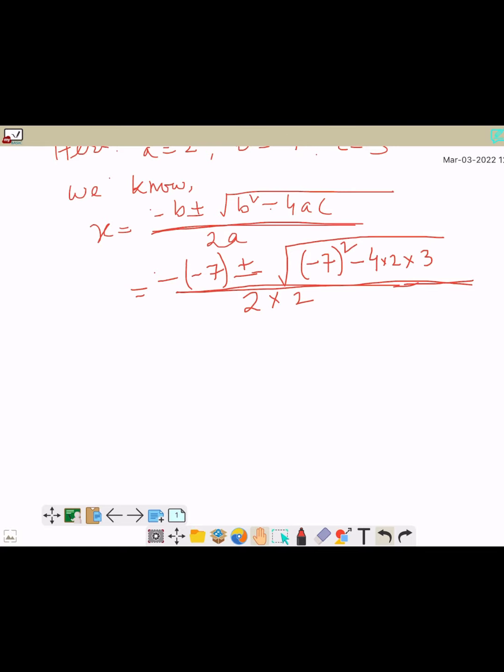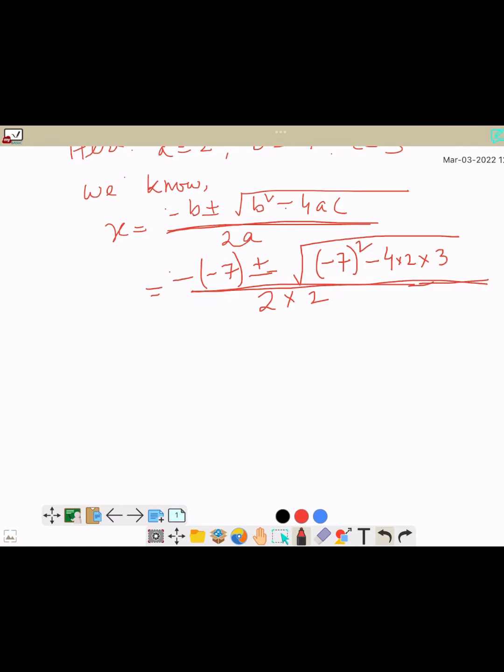The lower line is 2 into 2, that is 4. Now minus 7 in the bracket, minus minus, we can say plus 7.